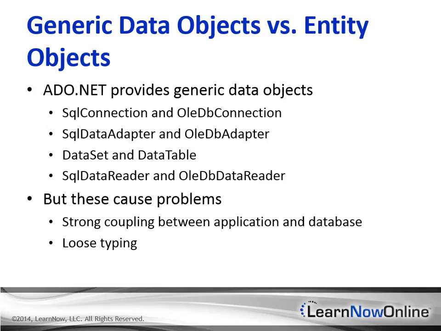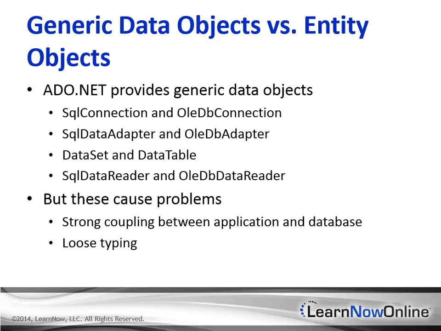Another problem is loose typing. Datasets and data tables primarily rely on strings to identify the table or the record set and field that you want to access or update. The objects have to be able to handle any kind of data contained within a field, string, dates, numbers of various kinds, and so on, and therefore return generic objects of type System.Object.